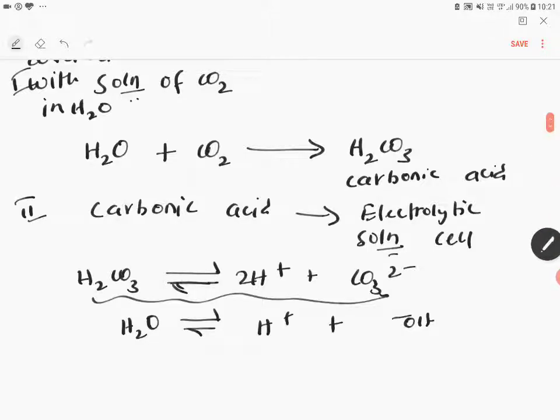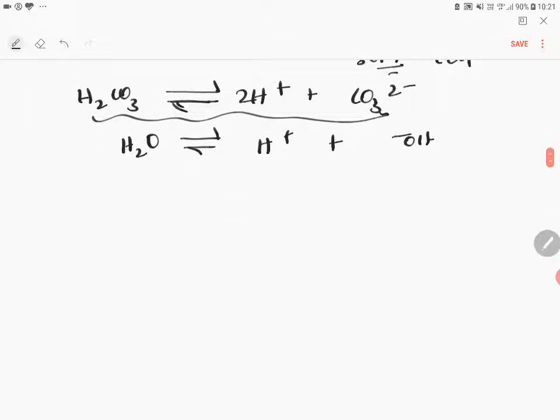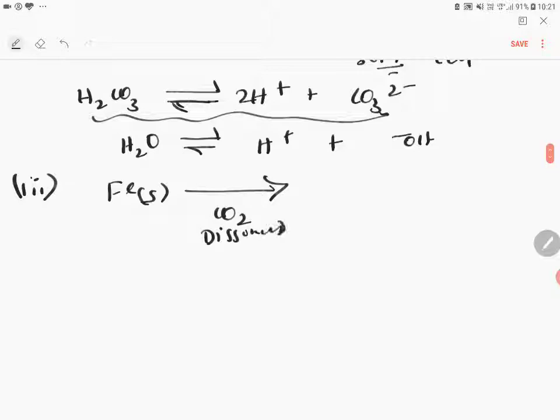Step 3. Iron metal is in contact with this dissolved carbon dioxide. Although it is not reacting with carbon dioxide, it will ionize the iron to ferrous ions.